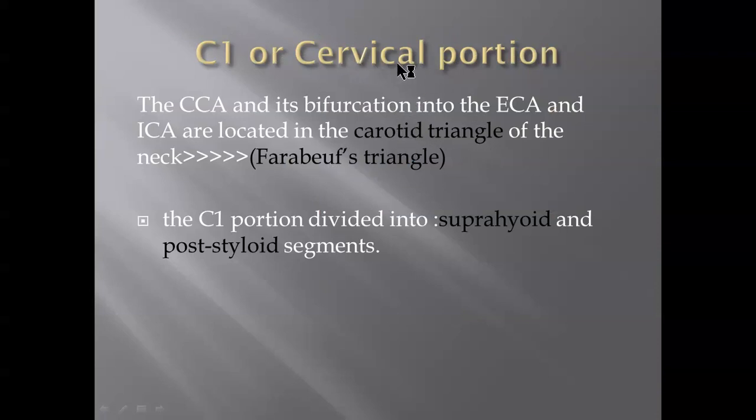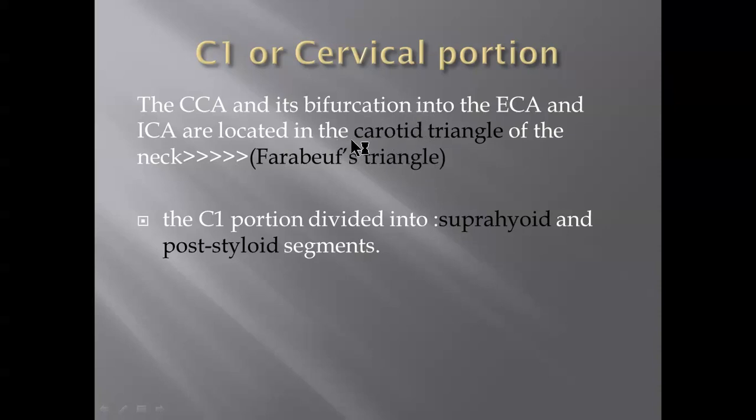Now, as we know, the cervical portion, the C1 segment of the internal carotid artery, starts in the neck. In the neck, we have the carotid triangle, and the carotid triangle itself has a Farabeuf triangle. The significance of this Farabeuf triangle, which is inside the carotid triangle, is that the bifurcation, to be more precise, exactly happens at this Farabeuf triangle, which is itself part of the carotid triangle.